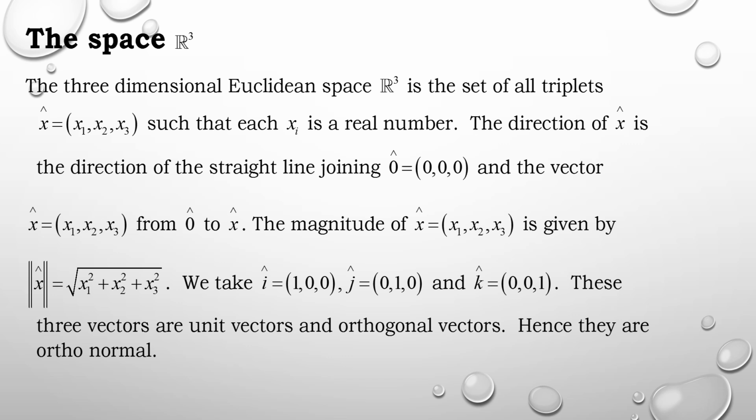That means these are unit vectors and also these are orthogonal to each other. Such vectors are called orthonormal vectors. So these three vectors are orthonormal because they are orthogonal to each other and also their lengths are 1.